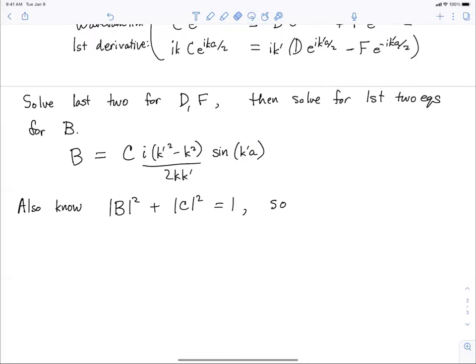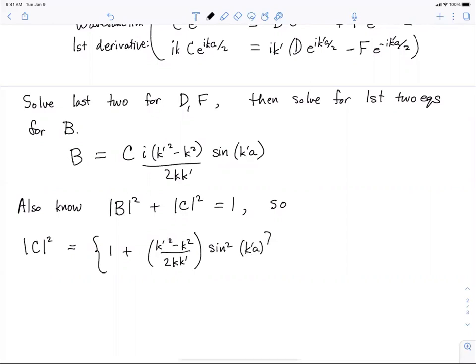When you do that, you get C squared is equal to 1 plus this coefficient, k prime squared minus k squared over 2k k prime, sine squared k prime a. So I take all of that and I take the reciprocal, and that's C squared.